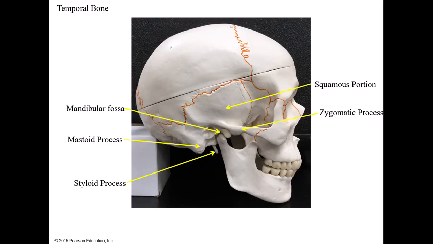So let's review the things we can see from the actual skull model. Squamous portion, extending forward zygomatic process. And this shallow depression right here is the mandibular fossa. The big bump behind the ear, mastoid process. And the little stick coming down, styloid process.